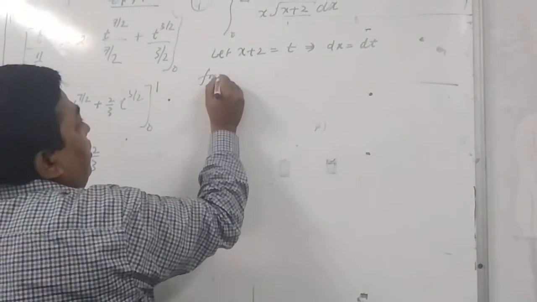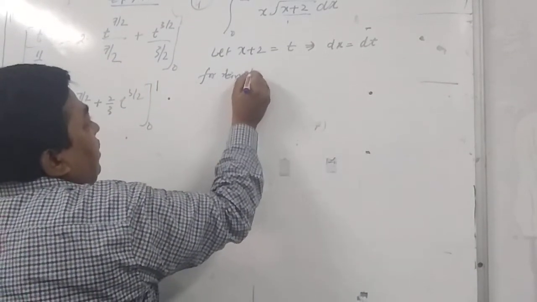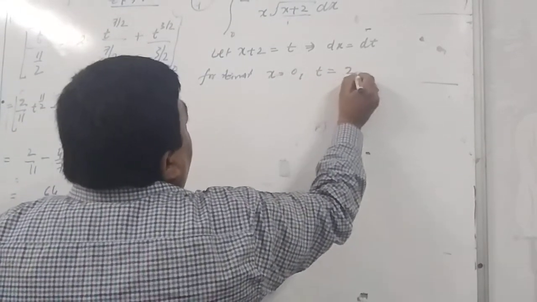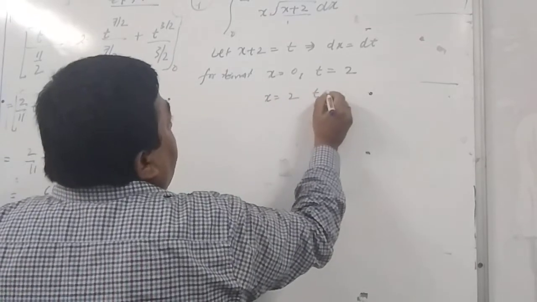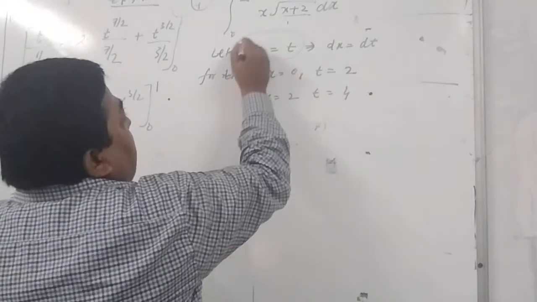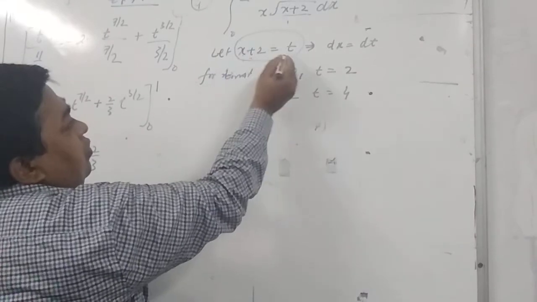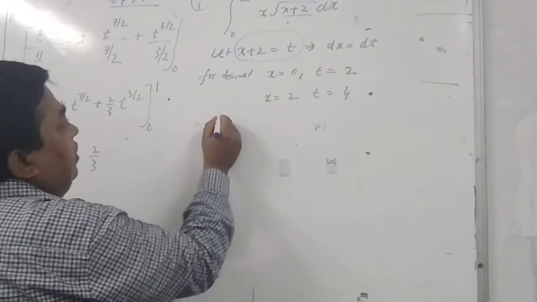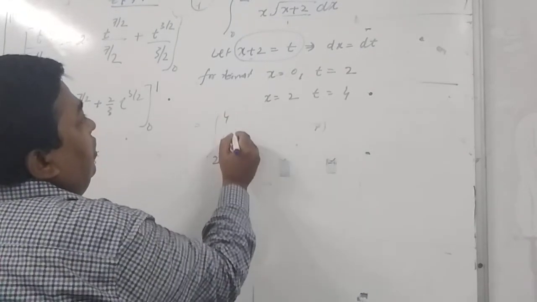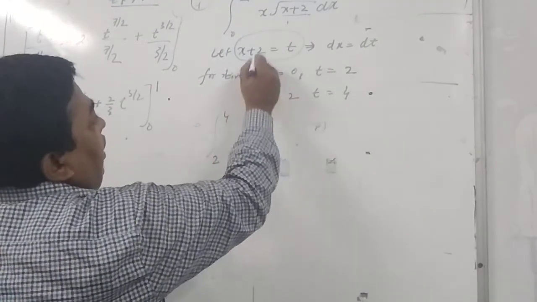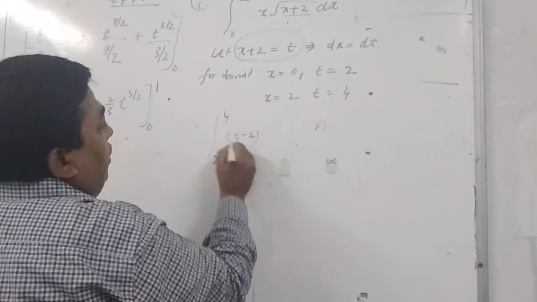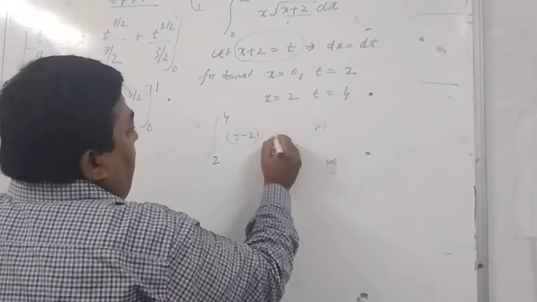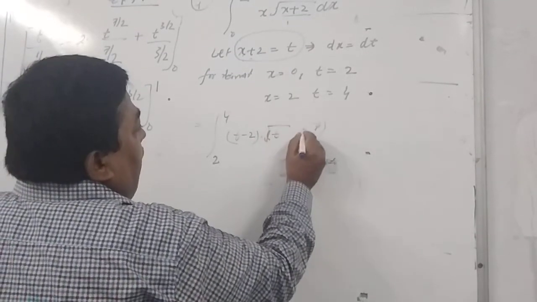And for the limit, when x equals 0, t will be 2, and when x equals 2, t will be 4. Now change here, 2 to 4: x plus 2 is equal to t, so x equals t minus 2, and x plus 2 under root is root t, dt.